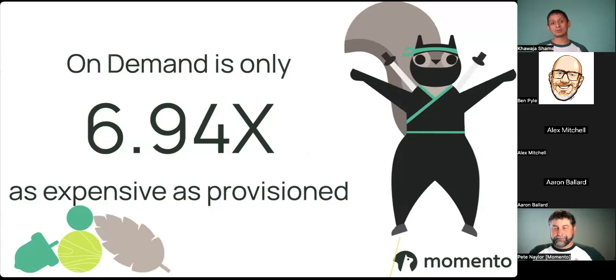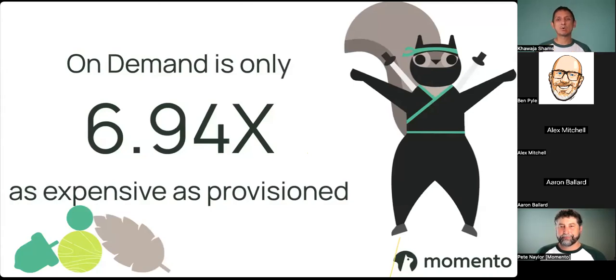Now, provisioned capacity can be roughly 7 times cheaper, but there's a few tricks that can make provisioned capacity easier to manage. So if you think about your provisioned capacity being 1/7 the cost of on-demand, whether it's worth it really depends on your utilization.